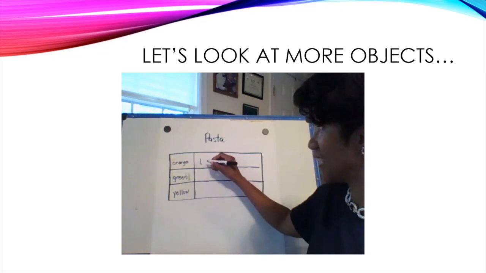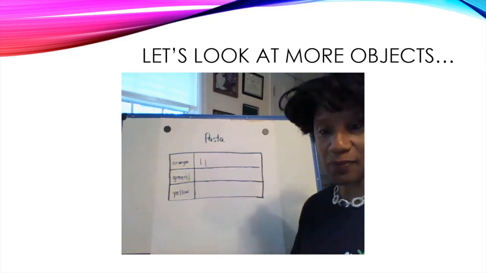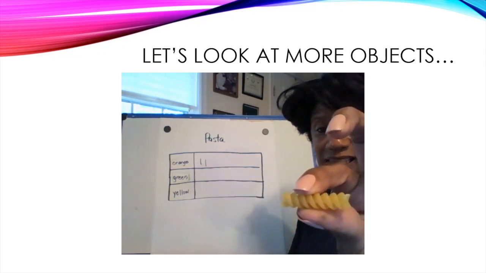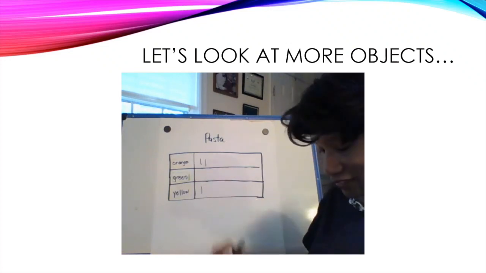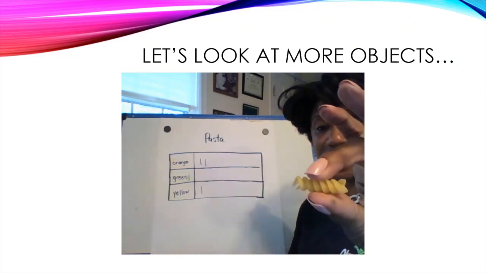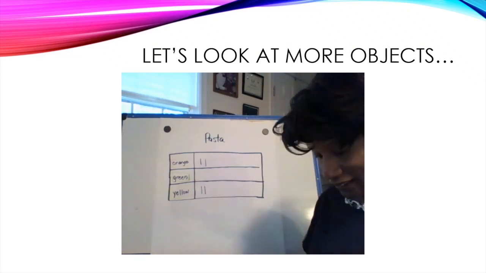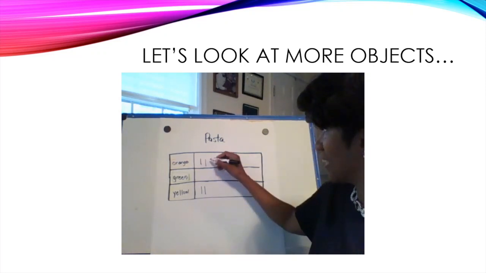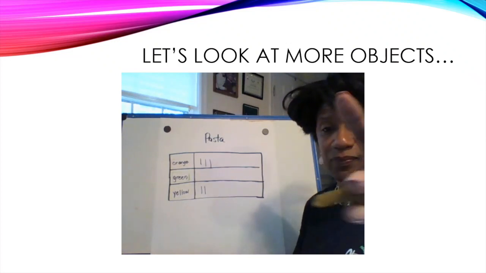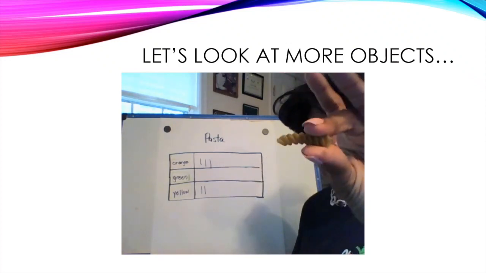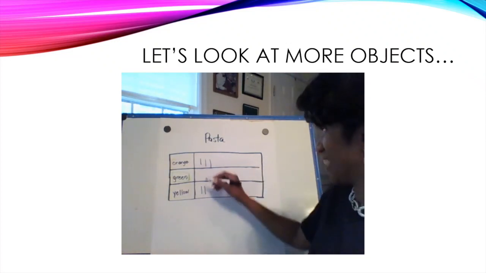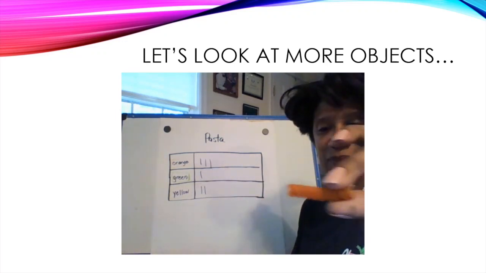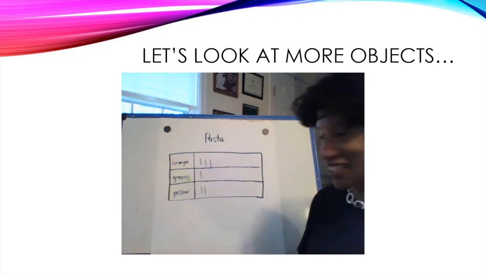Orange again. Yellow. Yellow. Orange. That's our green. Spinach. Orange.